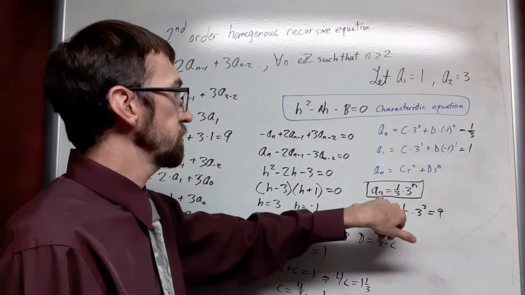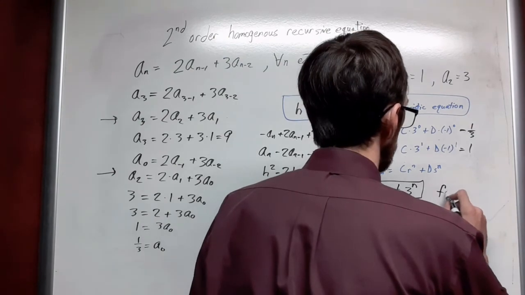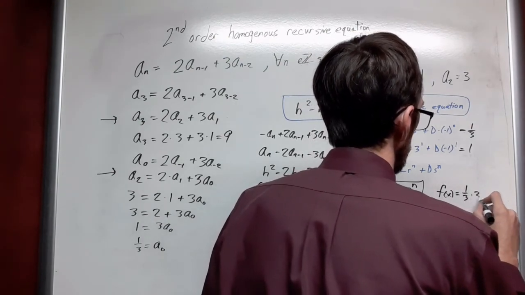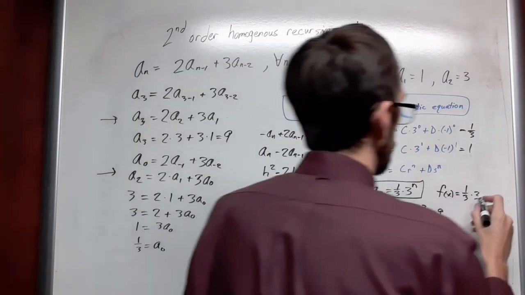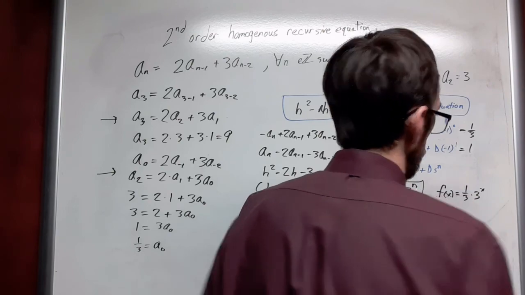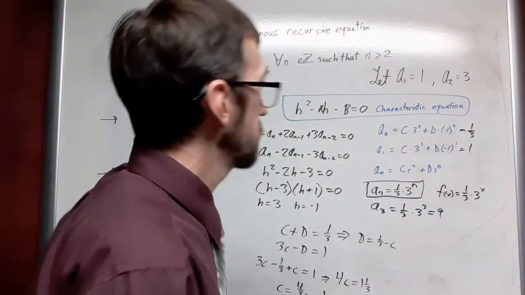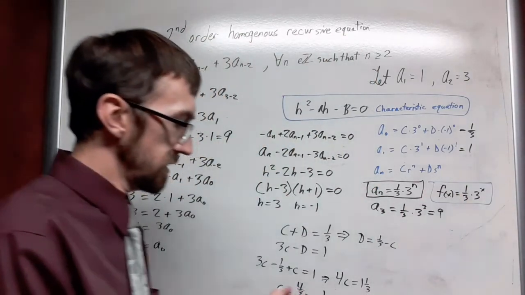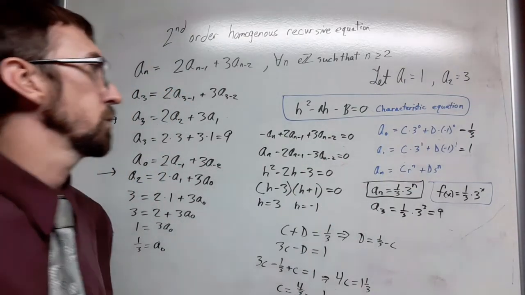And so I'm just going to replace a sub n by f of x. And then the right-hand side is going to be the same, except for the n is going to be replaced by x. And then that will be our final function that will generate the sequence that starts with a sub 1 and moves forward.